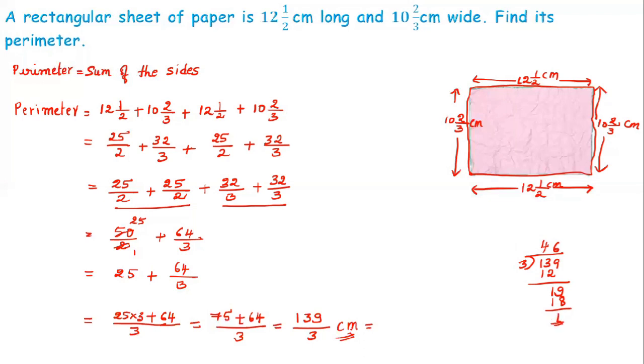Now 139/3 centimeter can be written as 46 1/3 centimeter. This is the perimeter of the rectangular sheet of paper.